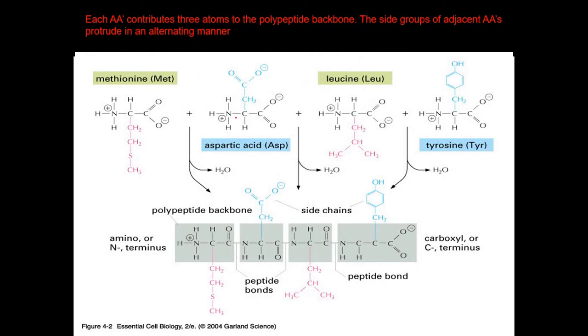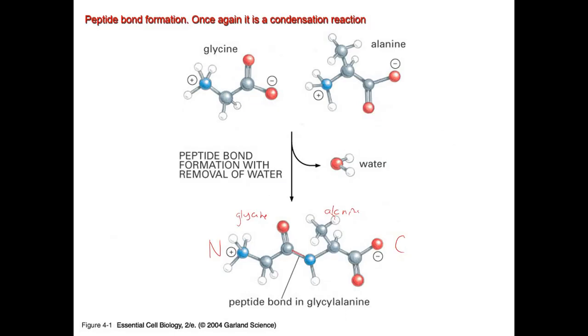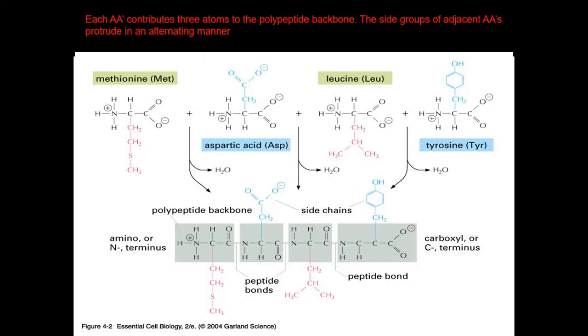So for example, here, this one is called a dipeptide because you only have two amino acids. Okay, you only have glycine and alanine bonded together. If you have four, it's already called a polypeptide.